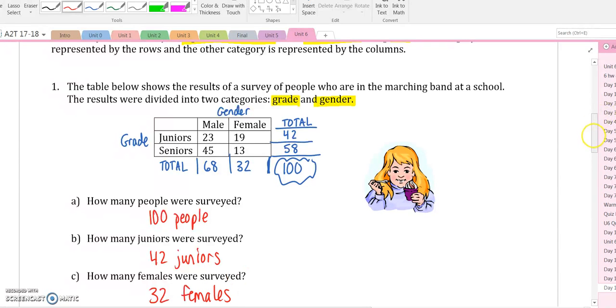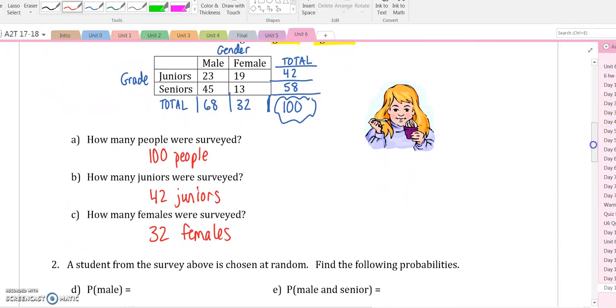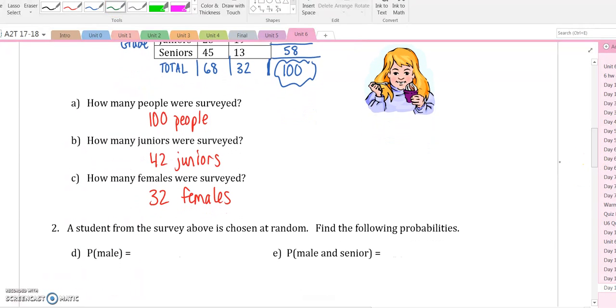Okay, then we get into the nitty-gritty of the probability. Some of these are not going to be too bad. For example, it says a student from the survey above is chosen at random. Find the following probabilities. Probability is male. Well, because they didn't give us any required condition, we know we're looking at everyone. So I'm going to put this out of my total 100 people.